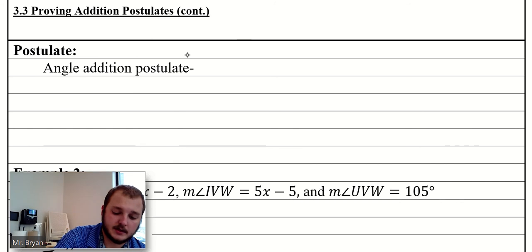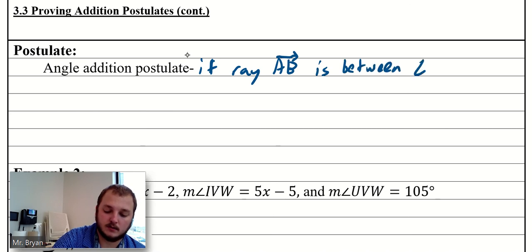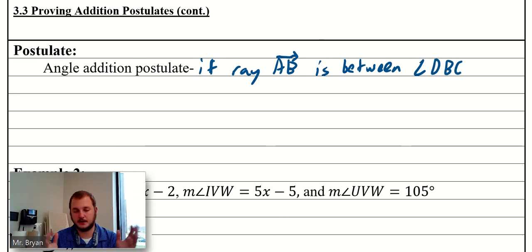And it says this. It says if we have some line, doesn't matter what it is, we'll say if line or ray AB is between angle, let's call it, I don't know, maybe DBC here. The letters don't really matter.